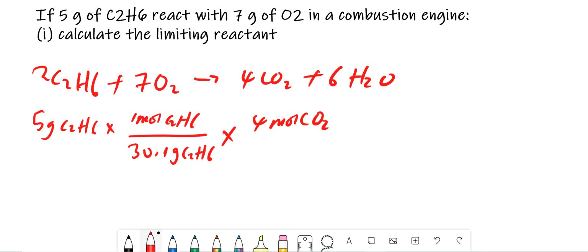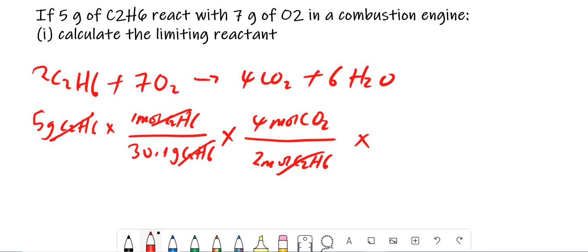This 4 is actually from the equation. Also for the mole ratio, the coefficient here is 2, so I'm going to divide that by 2 moles of ethane. So this and that will cancel out, and grams of ethane will cancel out. Your answer will be in moles.